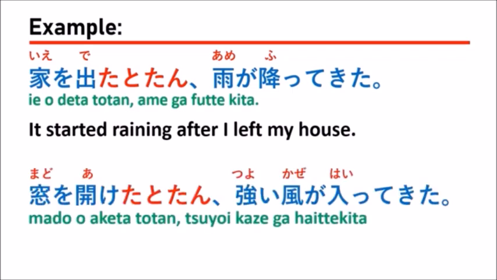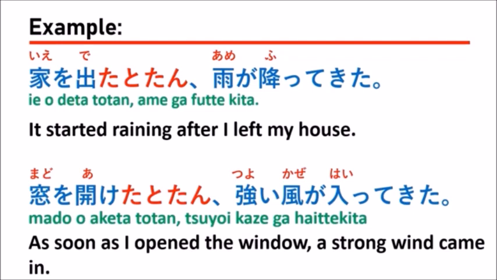So let's see the next example. 窓を開けた途端、強い風が入ってきた。This means that as soon as I opened the window, a strong wind came in.